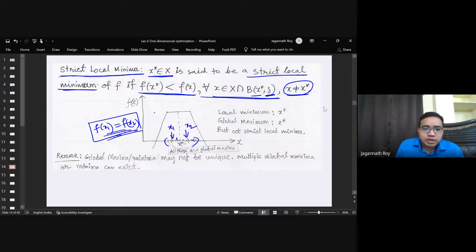The global maxima or local maxima are not unique; we can find multiple maxima. When it is unique, we call it a maximum or minimum.